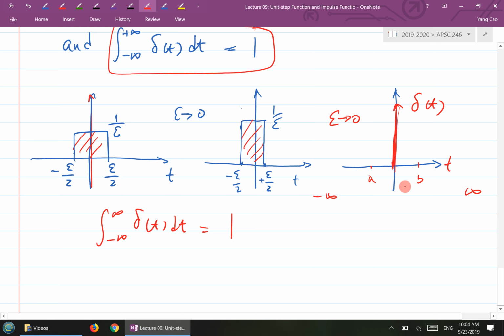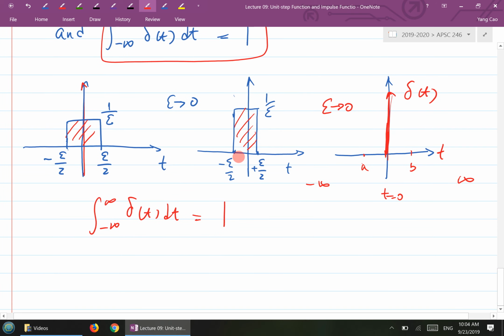For the impulse function, this is at t equal to 0, and the bottom length of the box is infinitesimally small, so this integral could also be written from 0 minus to 0 plus.